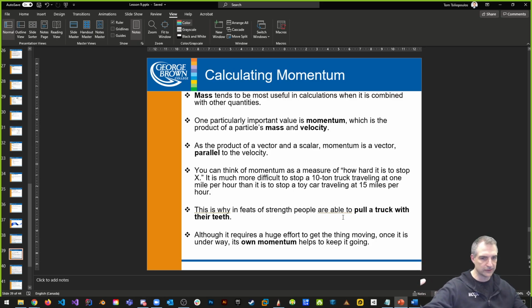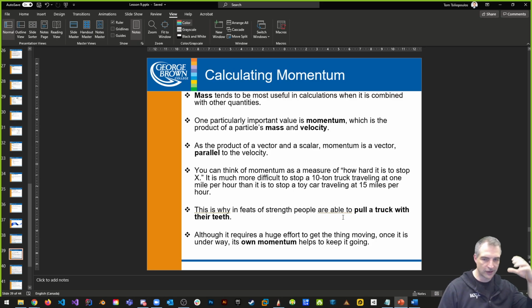So we can easily say that the truck has way more momentum. It's way harder to stop a truck than it is to stop a toy car. Even if you increase the speed of the car to 10 kilometers an hour, it's still 10,000 units to 10 units. It doesn't equate. The truck is way harder to stop than the little toy car.